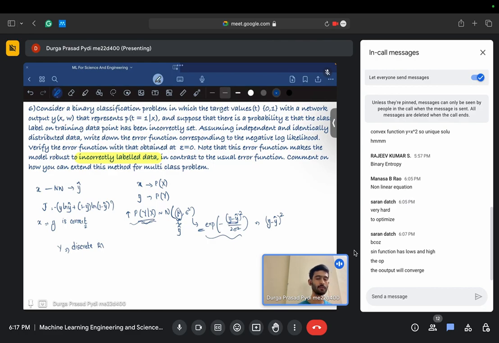I need to come up with another form for it. So what is it that I want now? I want to maximize the probability of y given x. What is the value of y hat I want? Y hat is my model. Y hat should be 1 if y equals 1, and it should be 0 if y equals 0. This is what I wanted. So how will I write this mathematically?